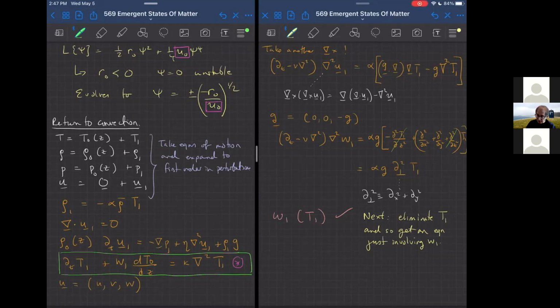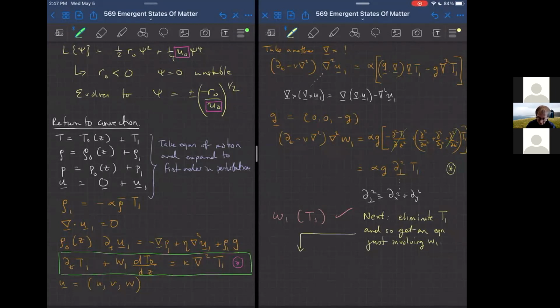So I have T1 on the right-hand side over here, and what I'd like to do is get rid of that T1 by operating on it with the diffusion operator from the equation on the left. Let me write that down.